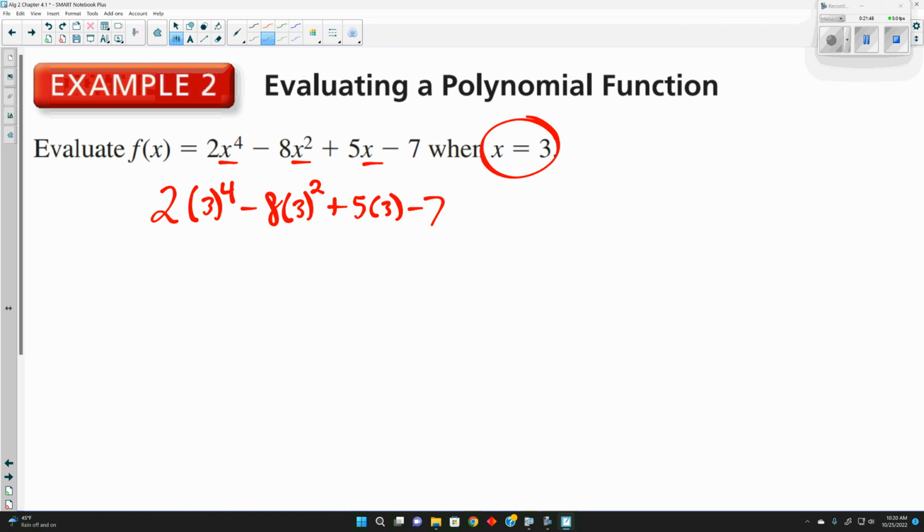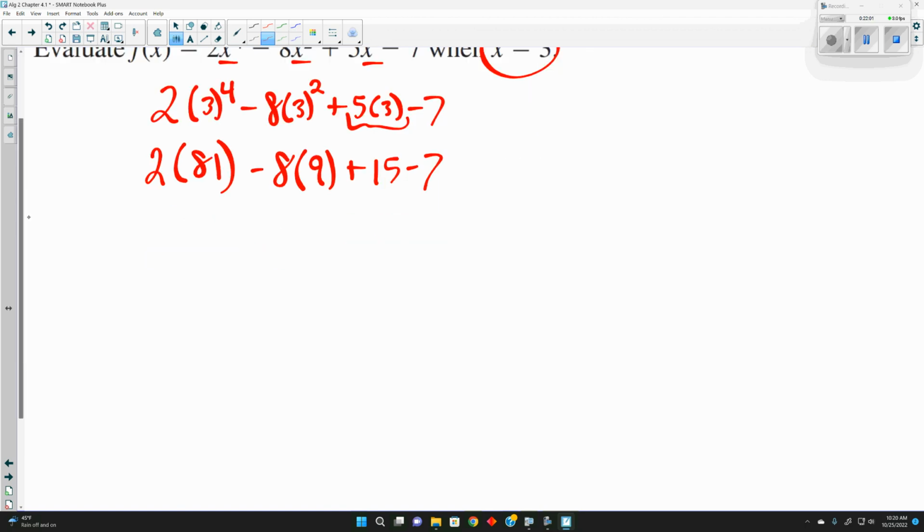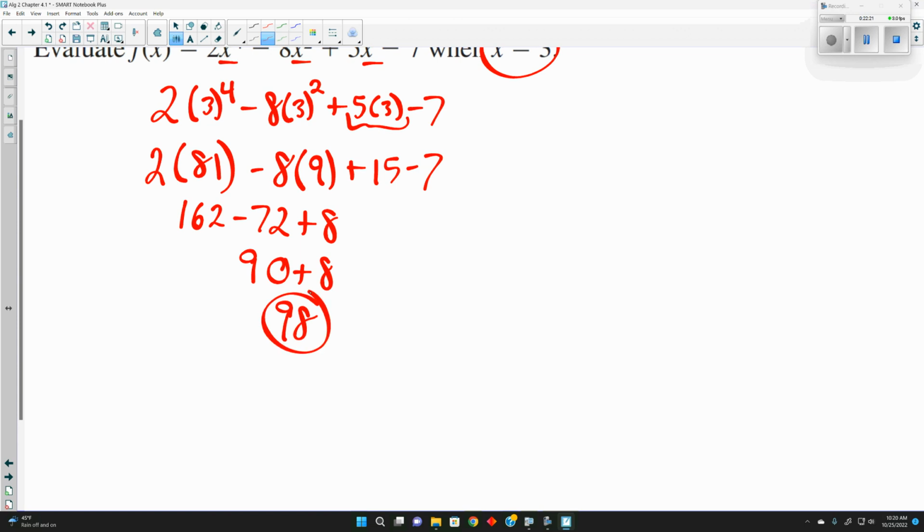Because 3 to the 4th is 81. 3 squared is 9. 5 times 3 is 15 minus 7. 2 times 81 is 162. 8 times 9 is 72 plus 8. 162 minus 72 is 90. And we get 98.